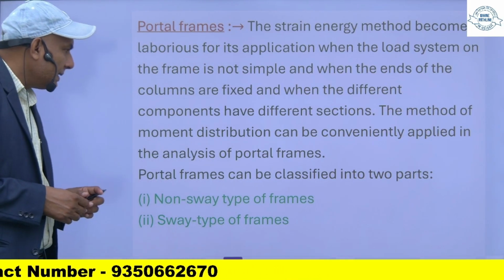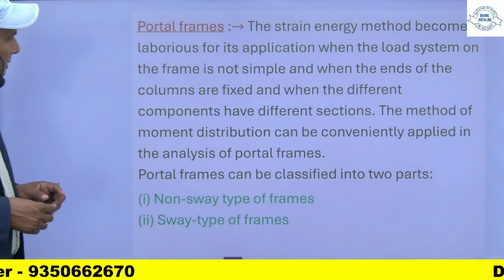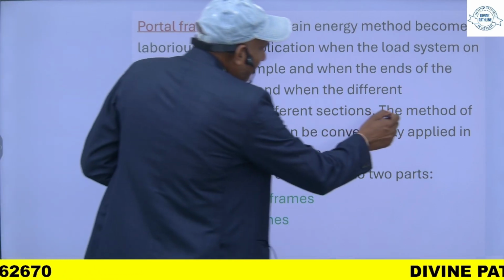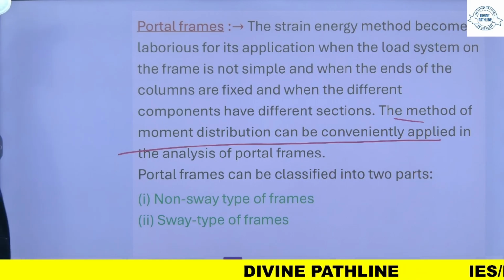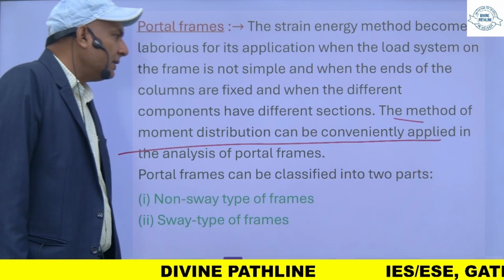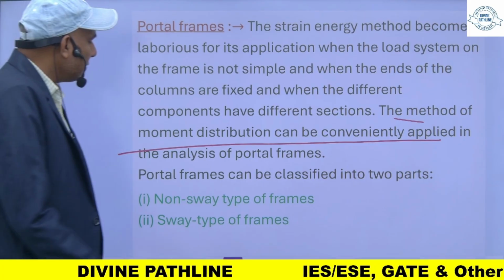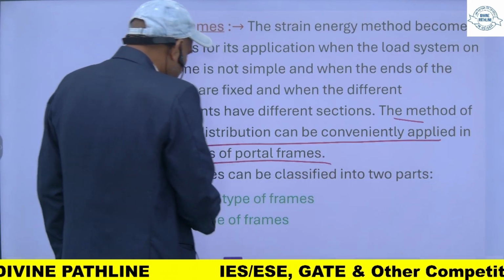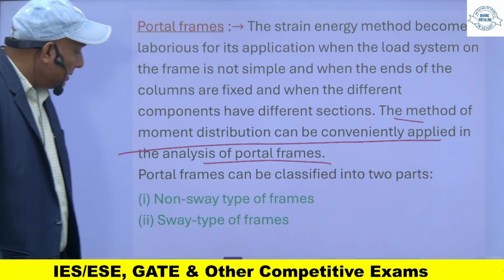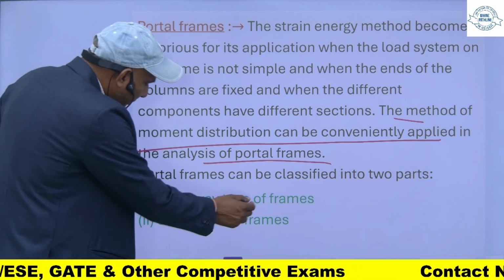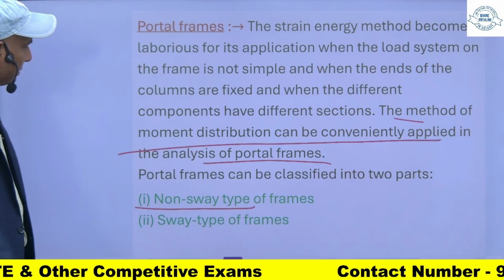So in these cases, the moment distribution method is very well applicable. The moment distribution method can be conveniently applied in the analysis of portal frames. Portal frames can be of two types. One is non-sway type of frames, another is sway type.